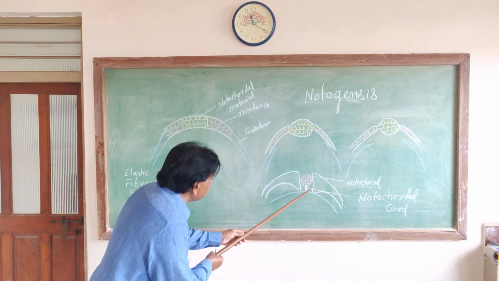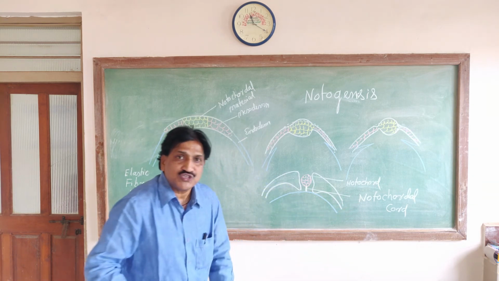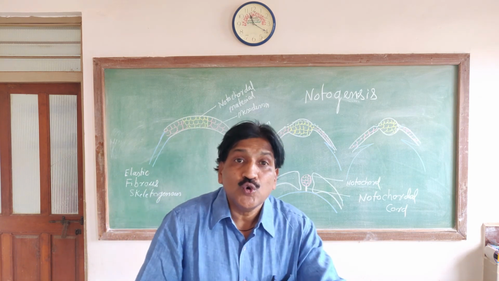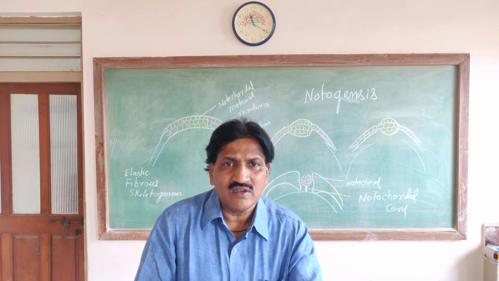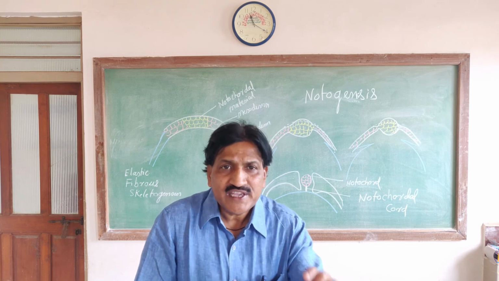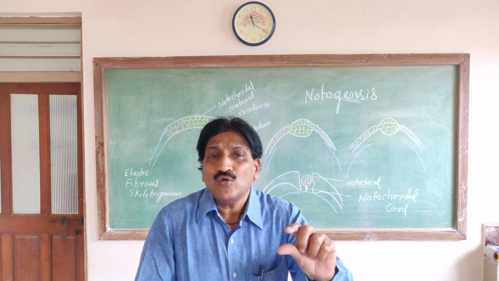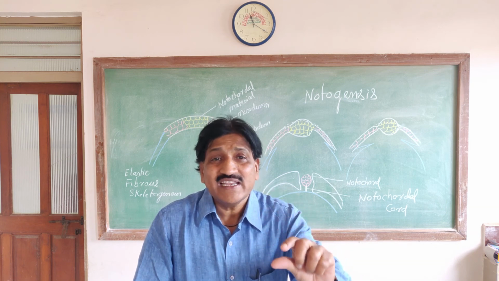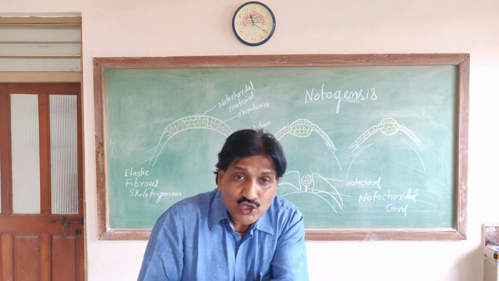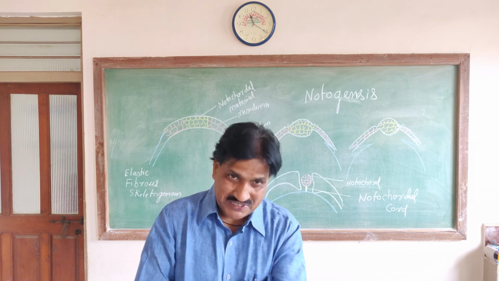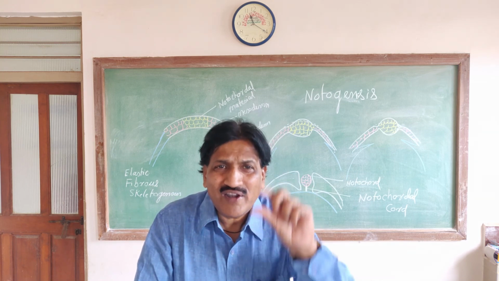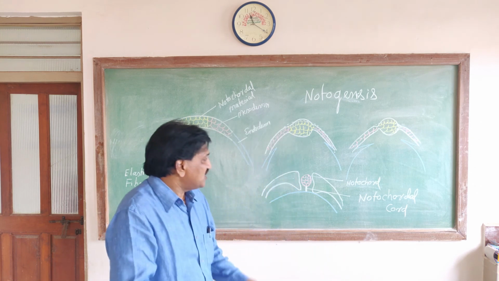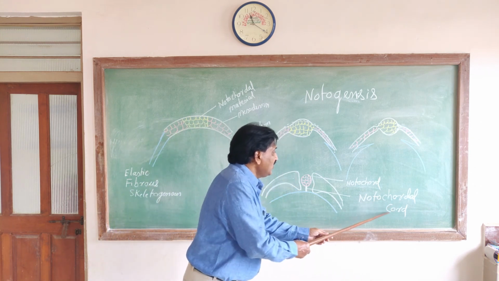This may be asked as a question: what is the subnotochordal cord? In the frog, the notochord is not completely separated from the lower side of the endoderm. It remains connected with the help of a cord-like structure, and that cord-like structure is called the notochordal cord or subnotochordal cord.